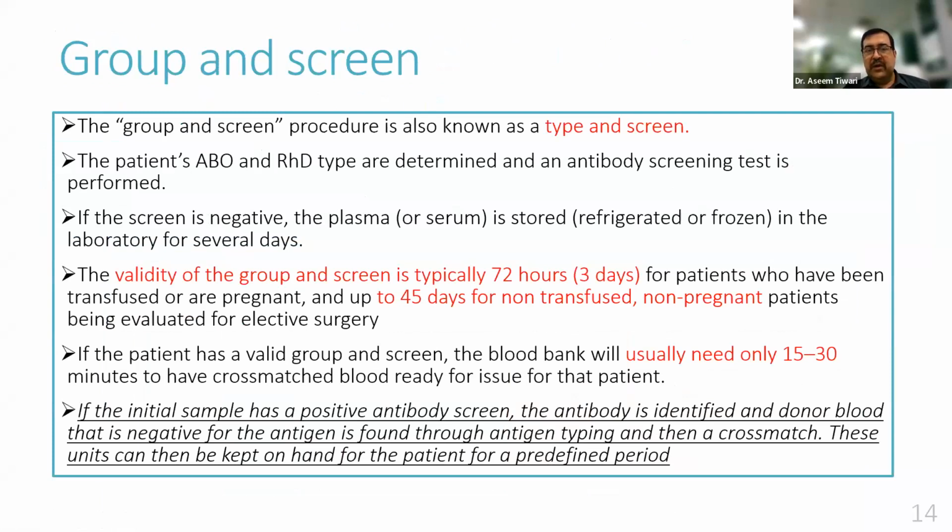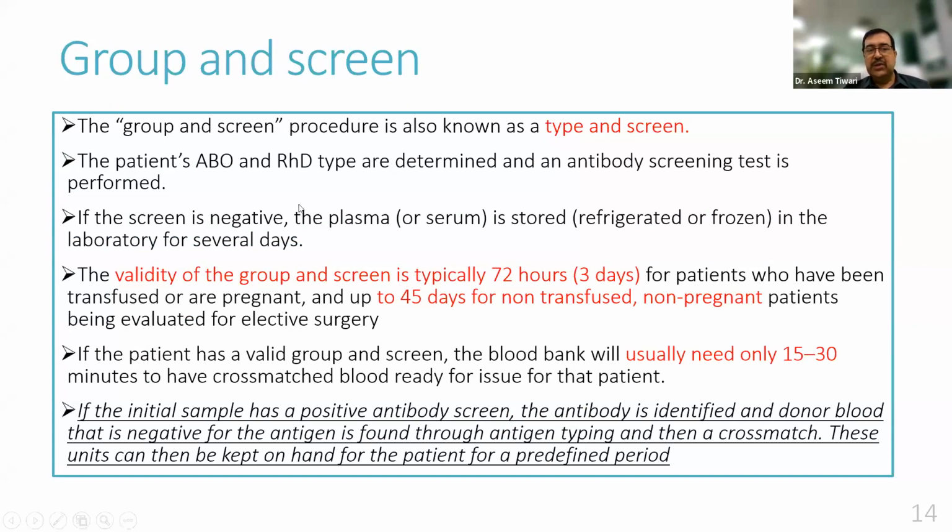Now, group and screen, as I said earlier, is a very common procedure adopted by most blood banks and hospitals, where you only do the patient's blood group or blood type and antibody screen at the time of admission. So when the patient requires blood, it is very easy to do an immediate spin cross match and issue blood in a very short turnaround time.